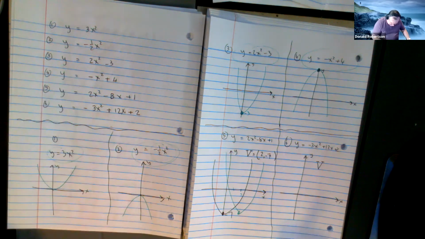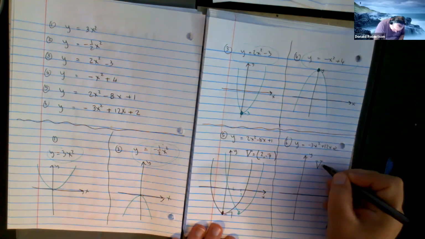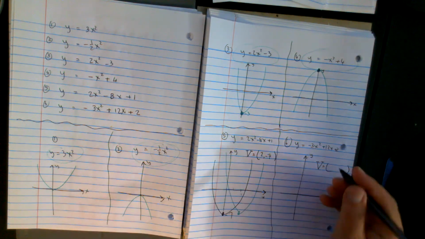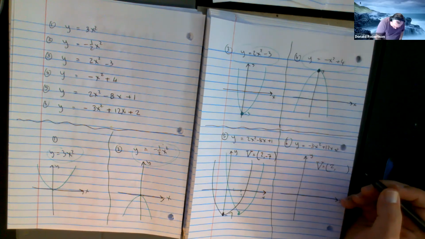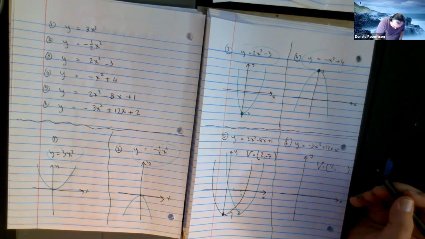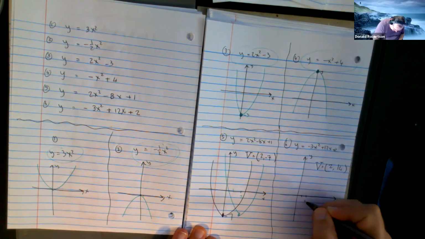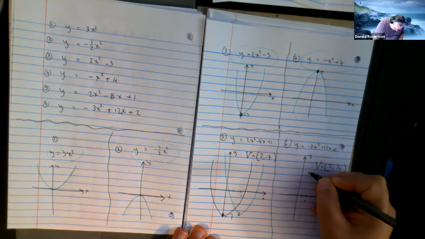Okay, what's the vertex of this last guy? Anybody again? 2, 14. I got 2. I'm not saying 14 is wrong, I'm just checking it out. I agree. So can we pretend that that's at 2, 14?